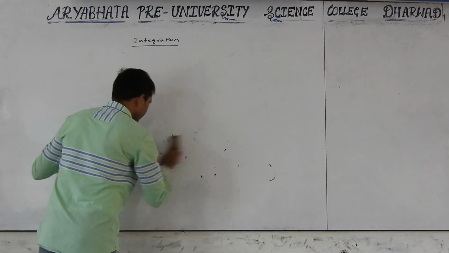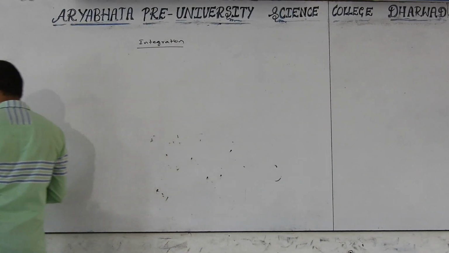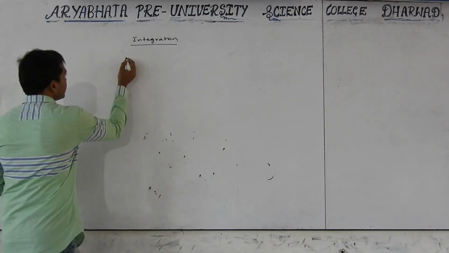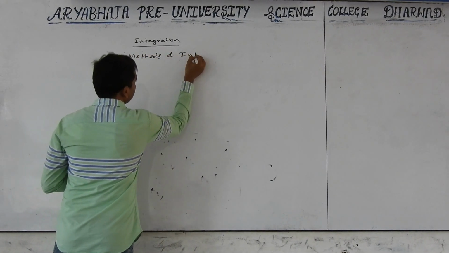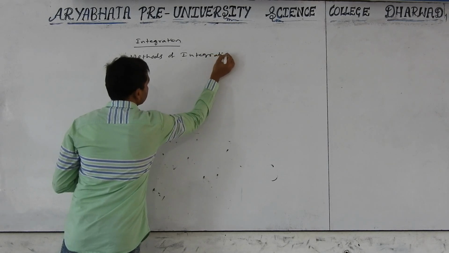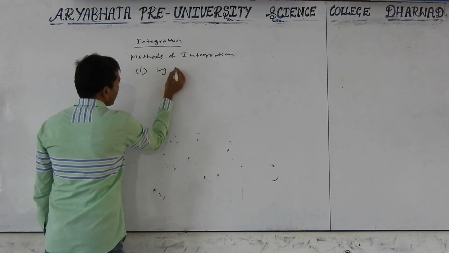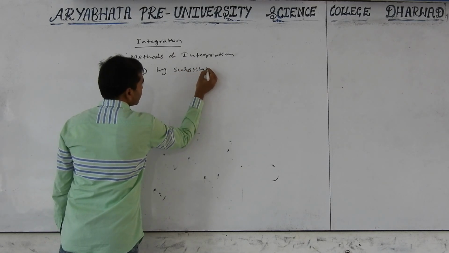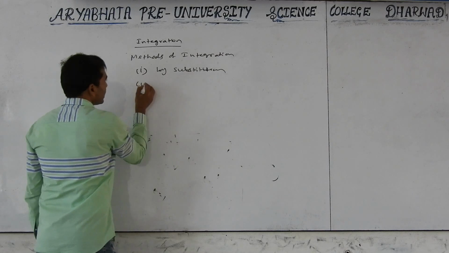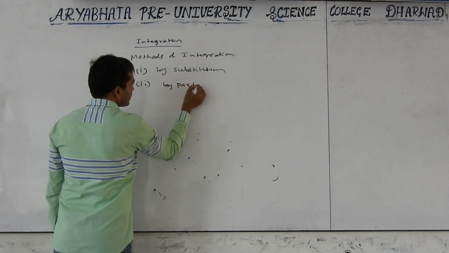First, the substitution method. We are going to discuss the methods of integration. There are mainly 3. One is integration by substitution method. Second one is by partial fractions.